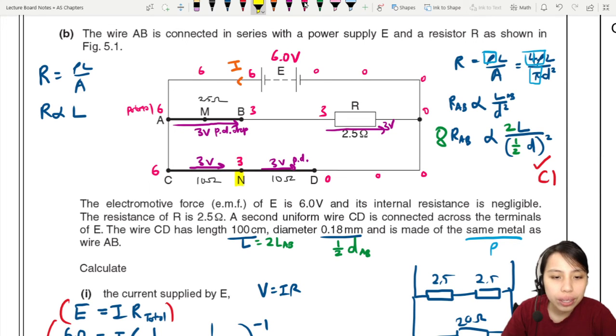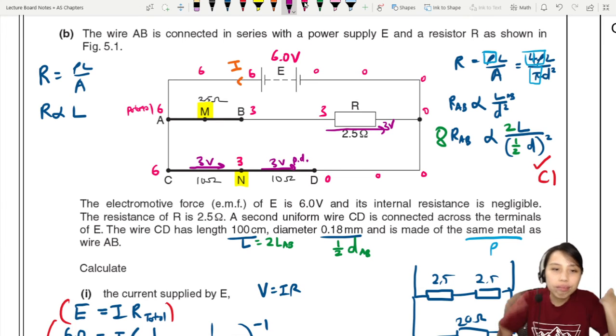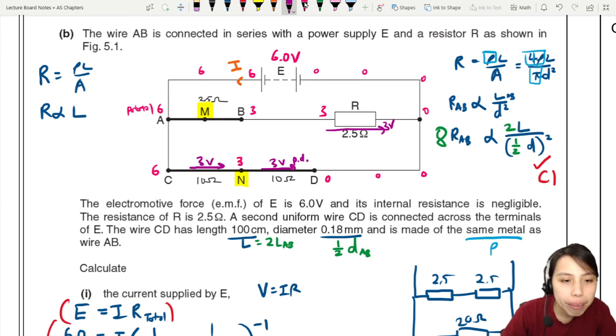We know the potential at N. We don't know the potential at M yet. Okay, so we need to apply the same idea. 6 minus 3. If we were to split up the segments, equal length, midpoint, right? So that means here you will drop by, what is half of 3? 1.5.